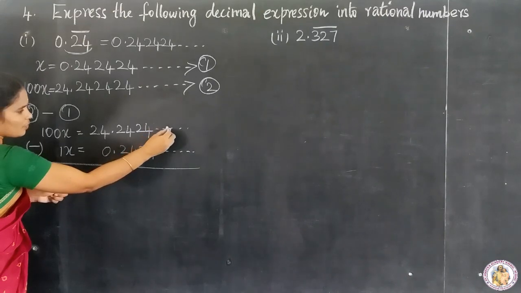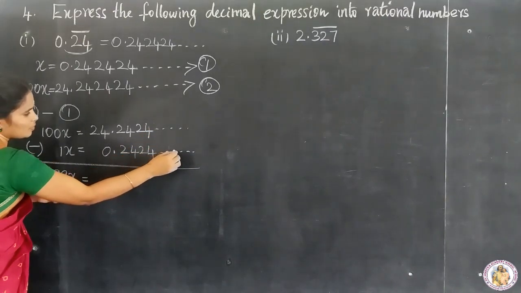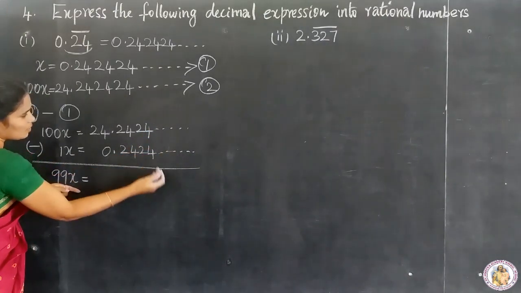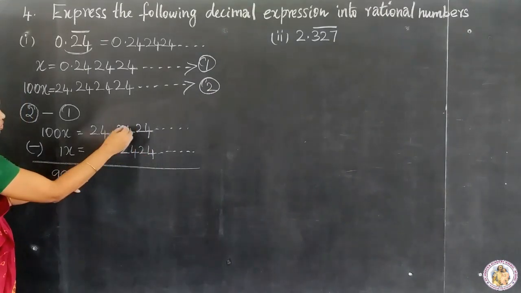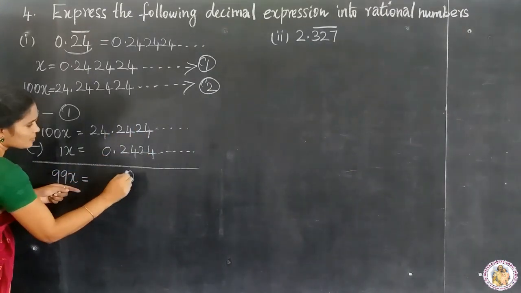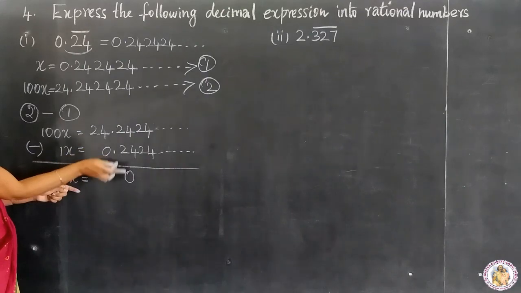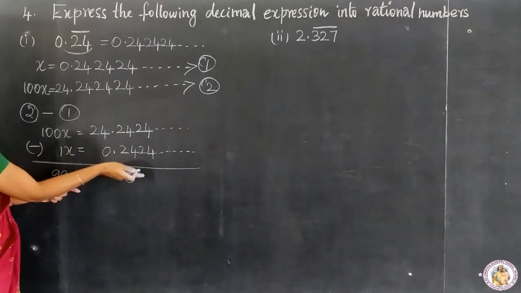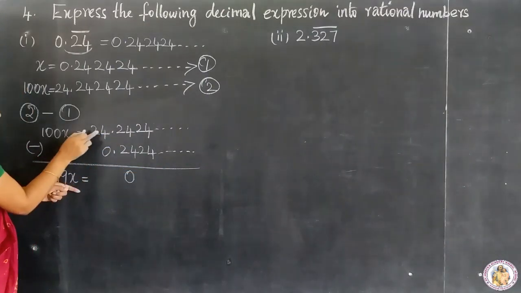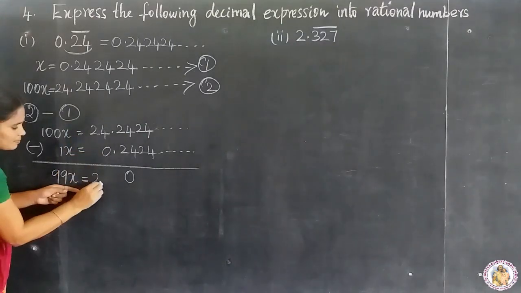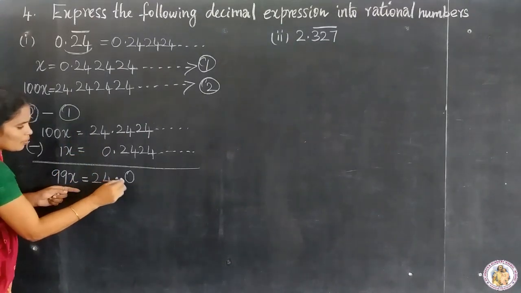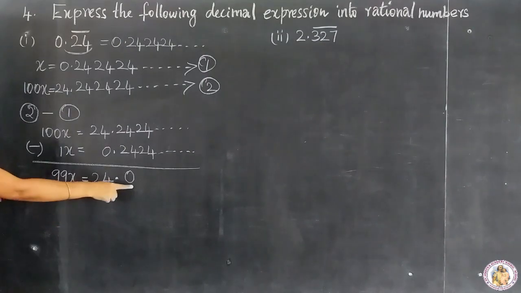So 24.2424 minus 0.2424, 4 minus 4 is 0, 2 minus 2 is 0, all goes as 0. So it continues as 0. So 24 minus 0, 24.0. So after decimal we have 0.